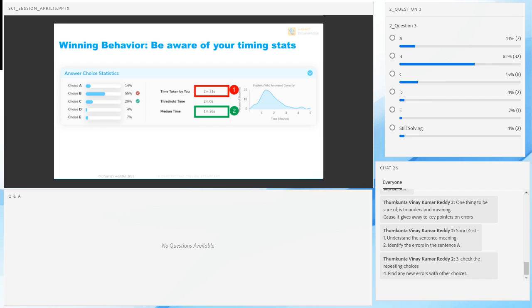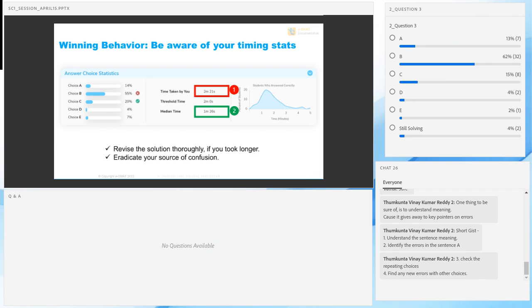The second thing over here is, for every question, you get these stats. How much time did you take, and what was the time that more than 50% of people took, right? So here, I would say the student took a lot longer. First of all, he answered the question incorrectly. So now the student needs to think about, why is it that I took longer when other students did not take that long, right?